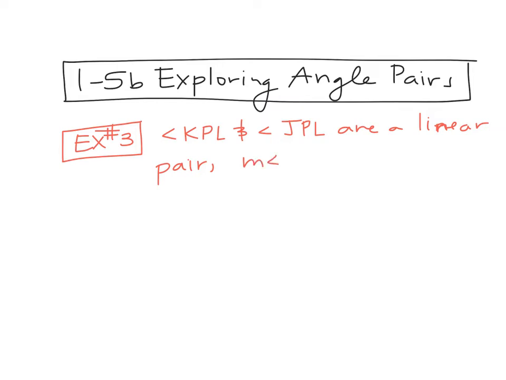The measure of angle KPL is 2x plus 24. And the measure of angle JPL is 4x plus 36.